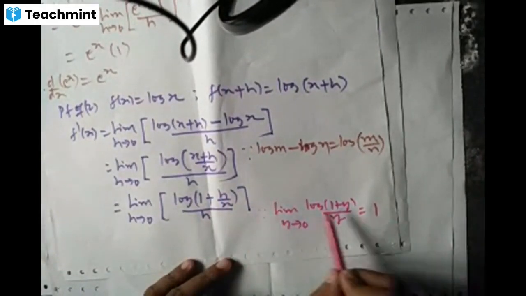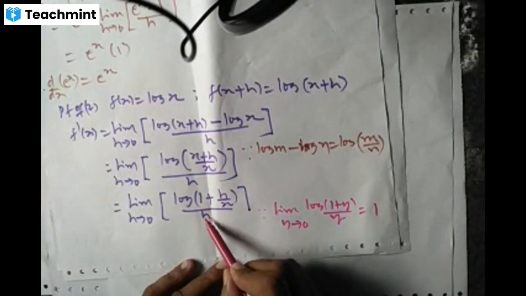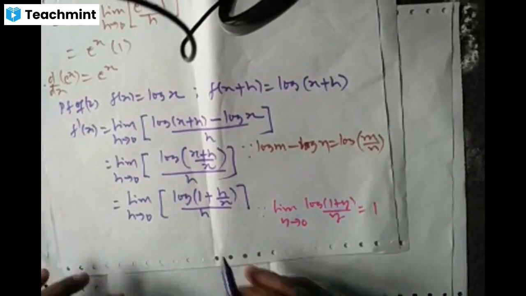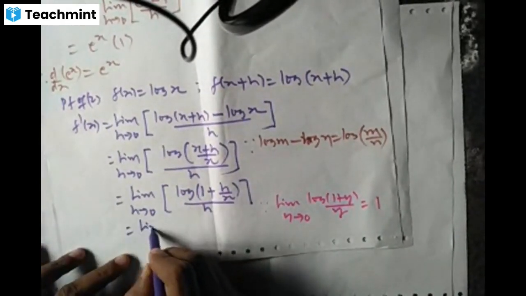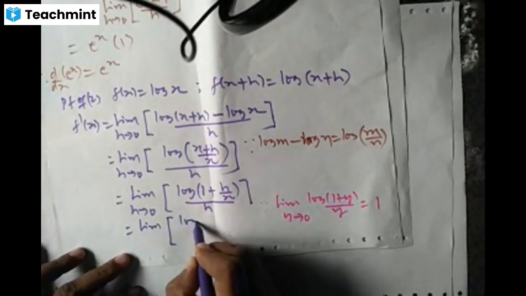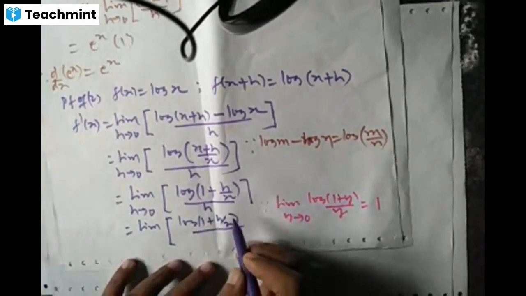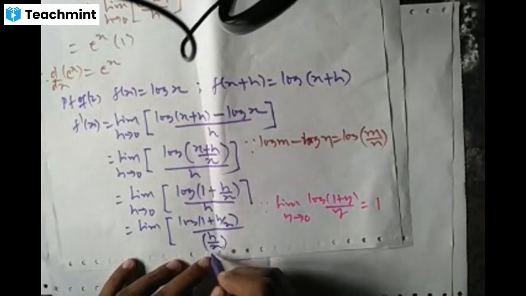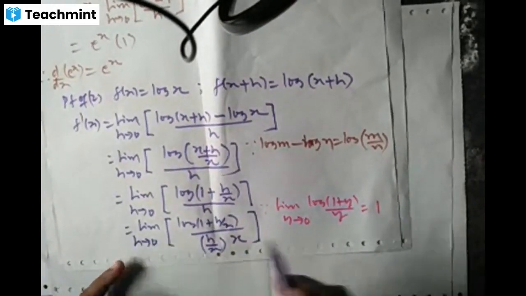So in place of y we have x plus h. So here also we should have x plus h. In the next step I will just multiply and divide the denominator by x. So this is equal to limit of log of 1 plus h by x divided by, here we have h, I will just write it as h by x into x, as h tends to 0.